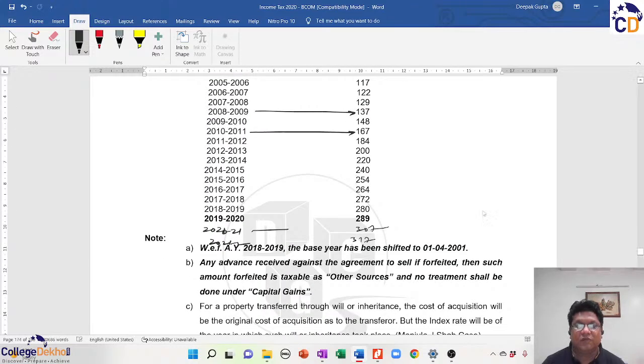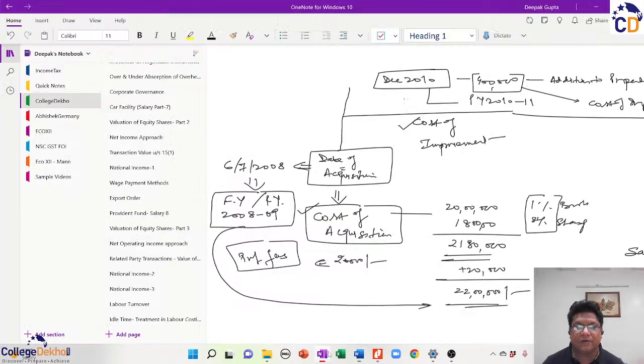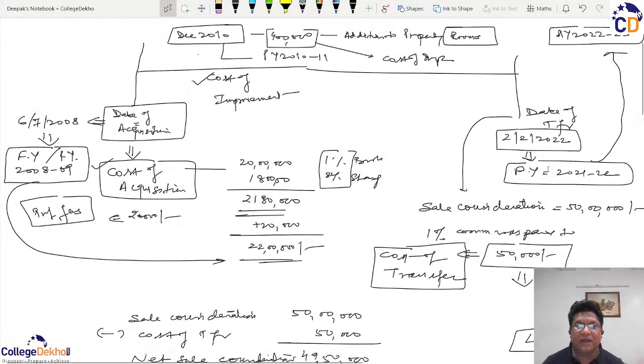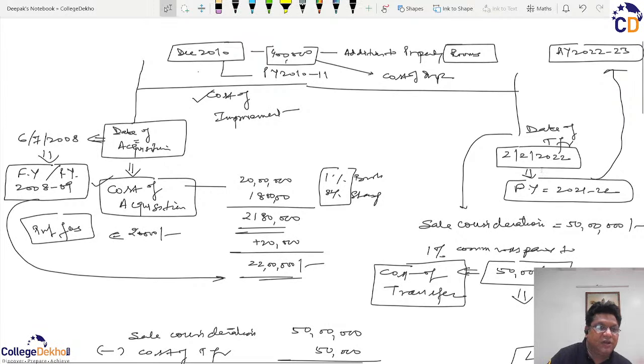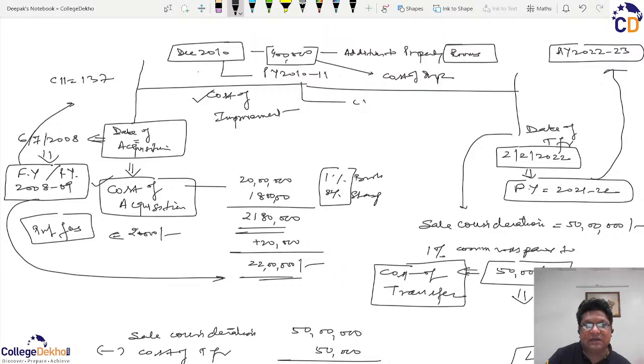So if I come to our figures, what is happening here is that for this financial year the CII was 137, and for this financial year the CII was 167.